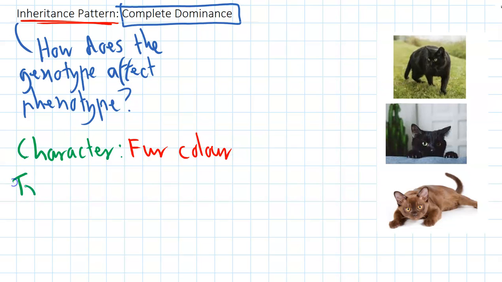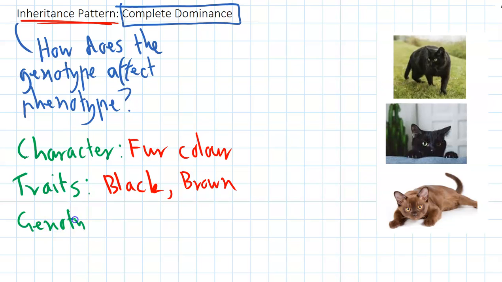The traits that were possible in this example, we had black fur and brown fur. So these are the phenotypes. And the genotypes that were possible, we were using the A to represent our fur color alleles here.